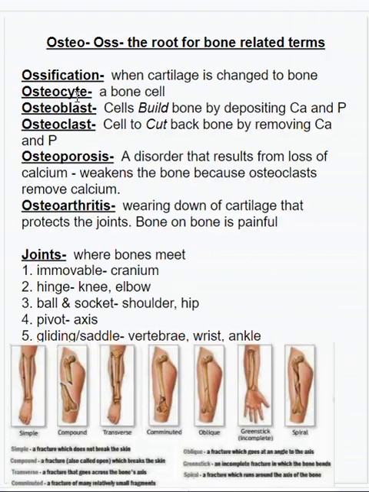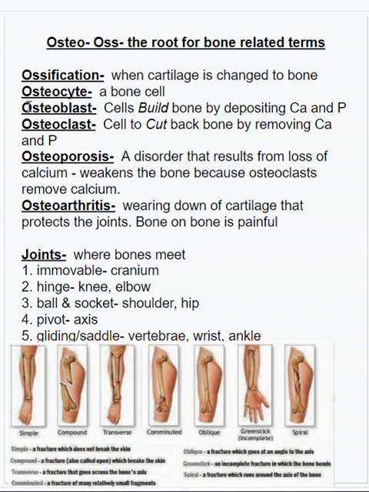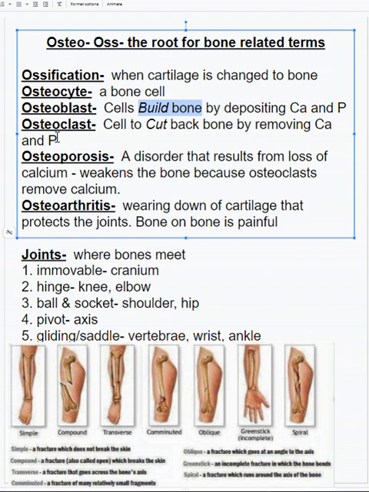That bone is made by a specialized type of cell called an osteocyte. There are two different types of osteocytes. There are osteoblasts and there are osteoclasts. Osteoblast, B for blast, is for building bone, whereas osteoclasts, in comparison, will cut back bone that has been developed.